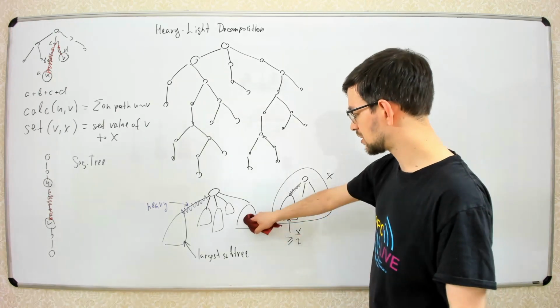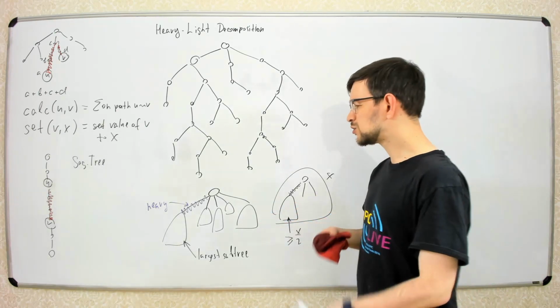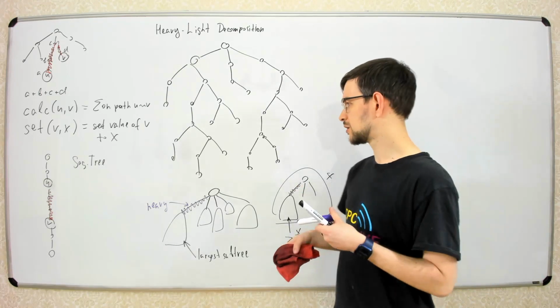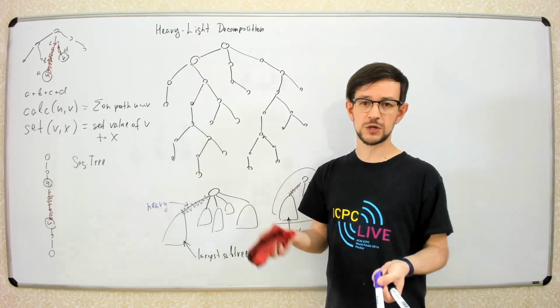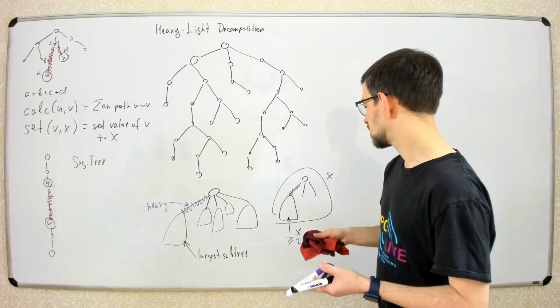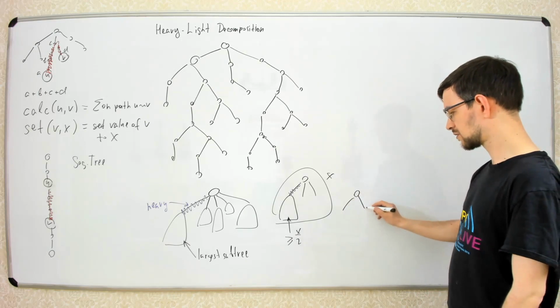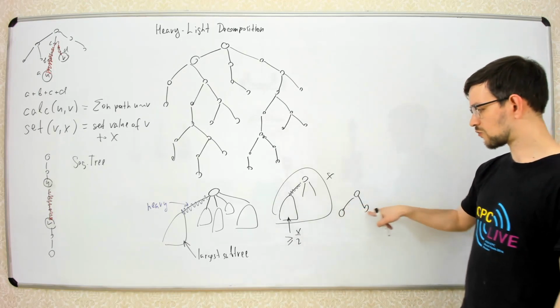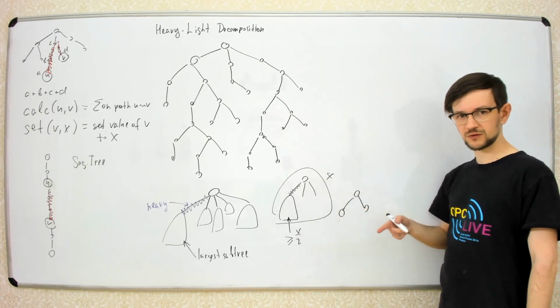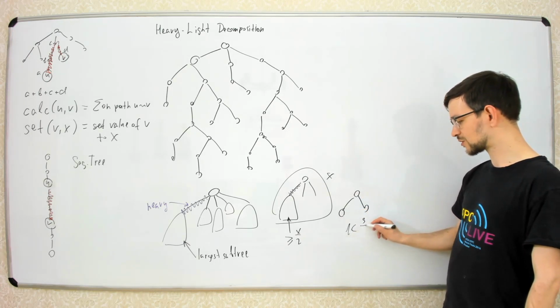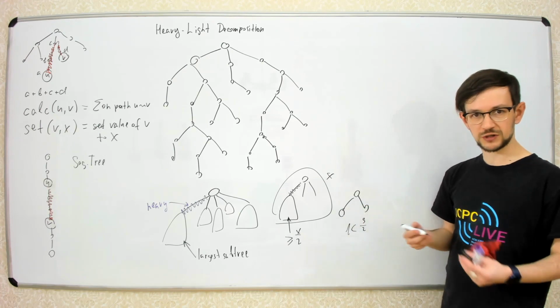This is actually a little bit faster because you kind of want to have many heavy edges. The more heavy edges you have, the faster your data structure will be. So if for some node you have no heavy edges, like if you have this node, the size of both these children is less than half, because the size of this is 3, and the size of these is 1 and 1. So 1 is less than 3. Then you have no heavy children.